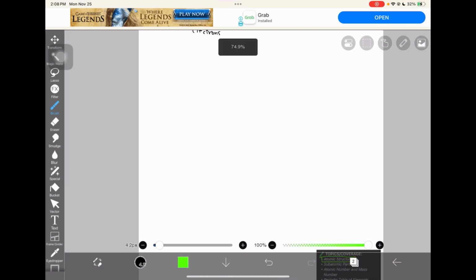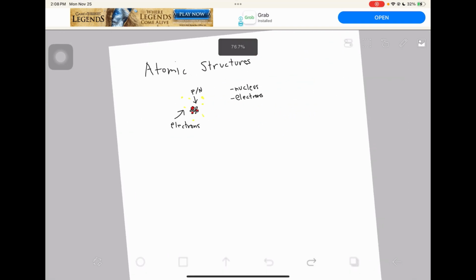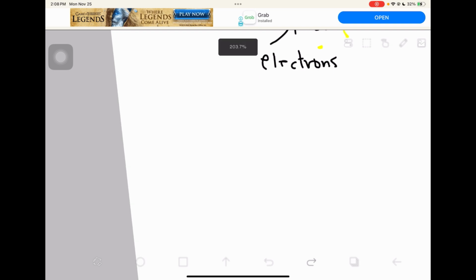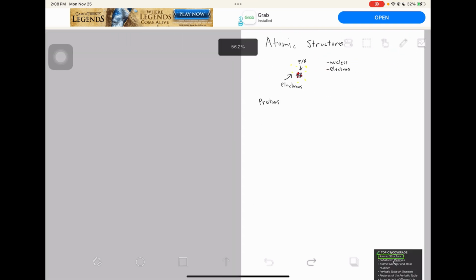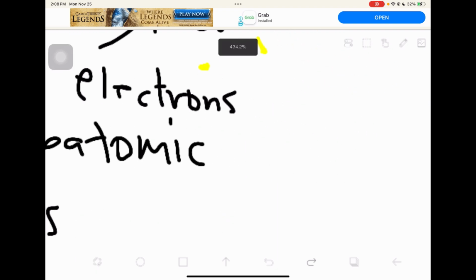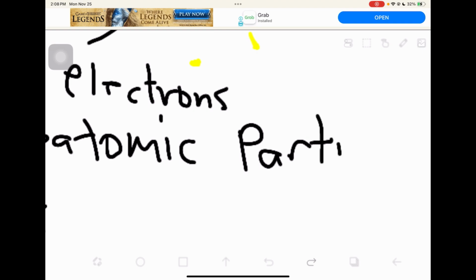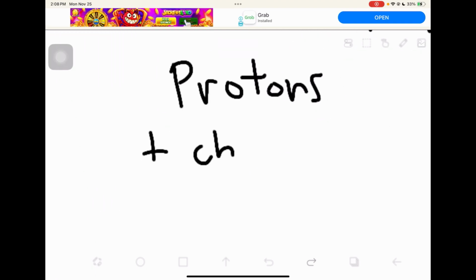Speaking of protons, neutrons, and electrons, these serve three particular roles. So let's start with the protons. These are subatomic particles. So first is our protons. These are positive charge.